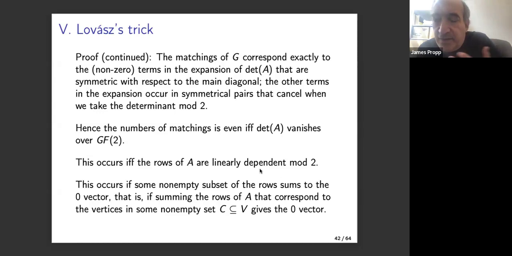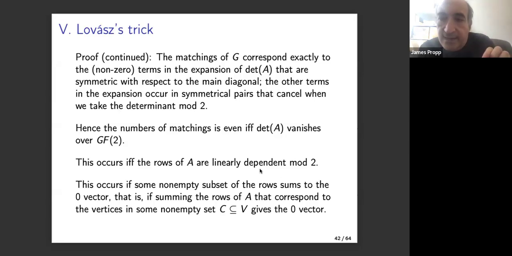So each of the n factorial permutations of this n by n matrix counts a function from the vertex set to itself, but it may not be an involution. So the right way to think about perfect matchings in this context is terms in the expansion that are symmetric with respect to the main diagonal, because then we're looking not just at a function from the rows to the columns, or from the vertices to the vertices, but a function of order 2 that's symmetric with respect to the main diagonal.